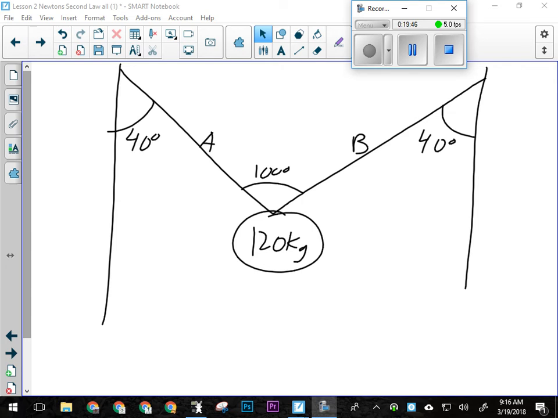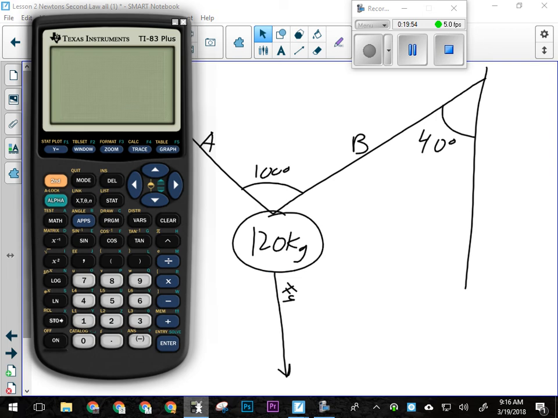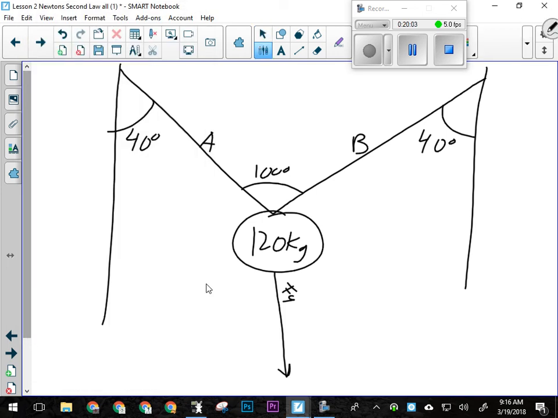So what force is pulling down on the speaker? Gravity. All right, so calculate the force of gravity on the speaker. We just go 120 times 9.81. So we've got 1177.2 newtons. Okay. Now I need to isolate the two cables, because I can't solve for them both at the same time.